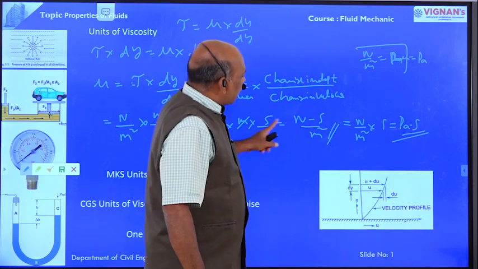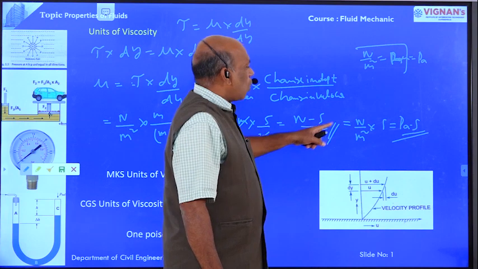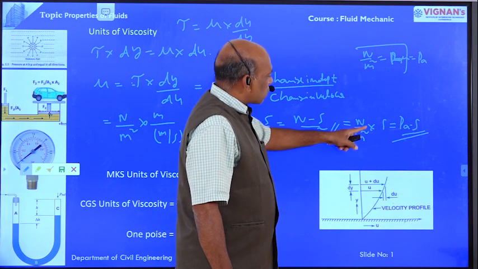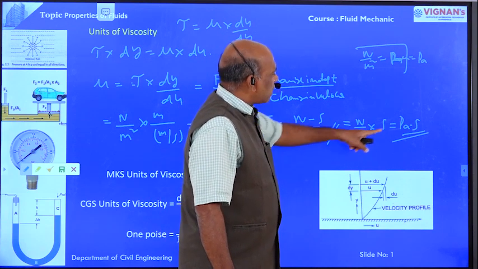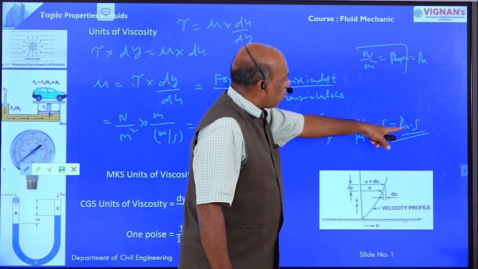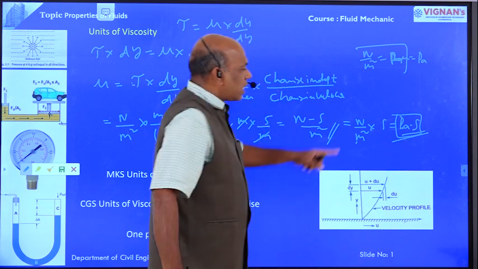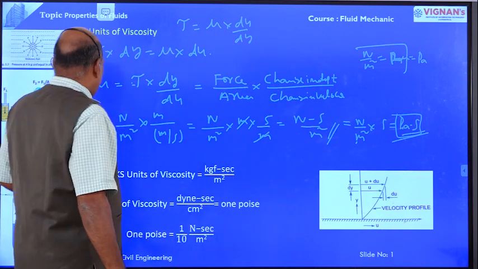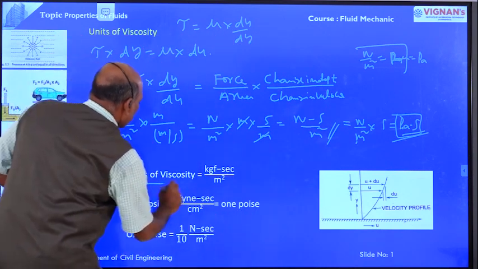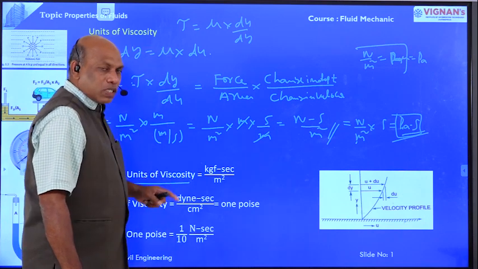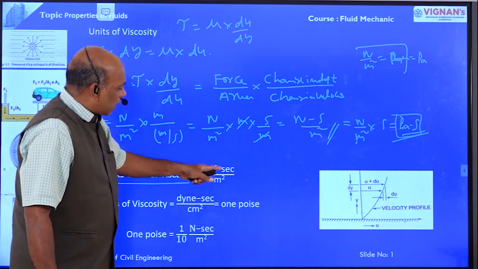Units of viscosity is Newton second per meter square, or in place of Newton per meter square we take Pascal, so Pascal second is also the unit of viscosity in the SI system. MKS units of viscosity are kg force second per meter square.